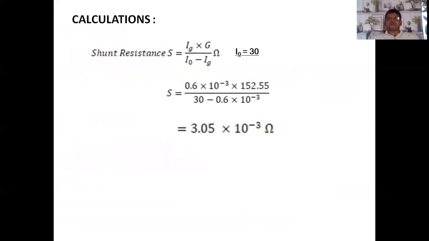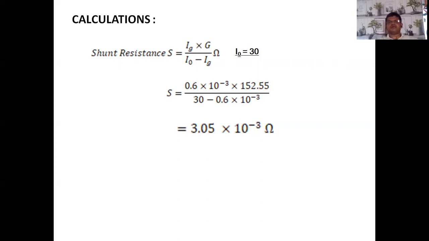So first, because there is no table and no live demo here, it is a direct calculation coming from the observations. The equation for the shunt: S is equal to Ig, the current capacity of the galvanometer, multiplied by G by I0. I0 means the range, which is 30 millimeter, and Ig is again the current capacity of the galvanometer.